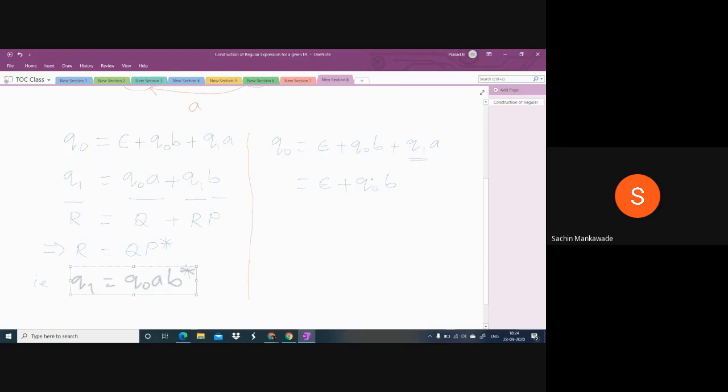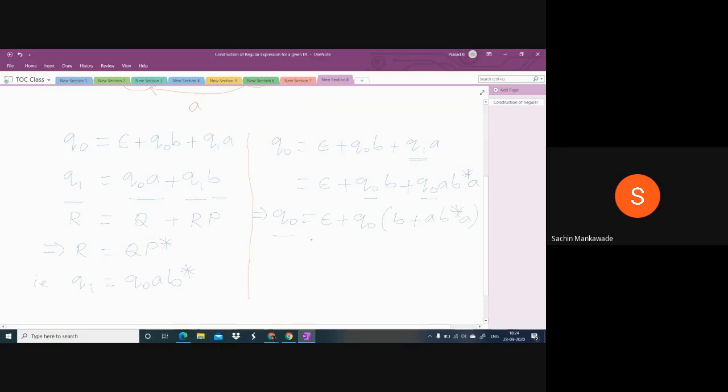That we substitute, Q1 equals Q naught AB star, and after Q1 we have this A, so write that A also. So Q naught equals epsilon plus Q naught B plus Q naught AB star A. From these two we can take Q naught common: Q naught followed by B plus AB star A.